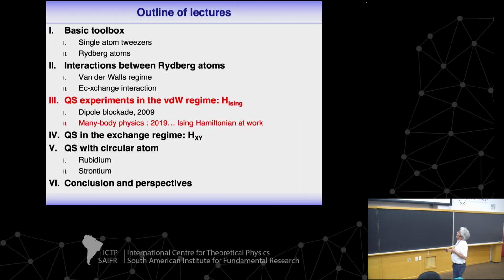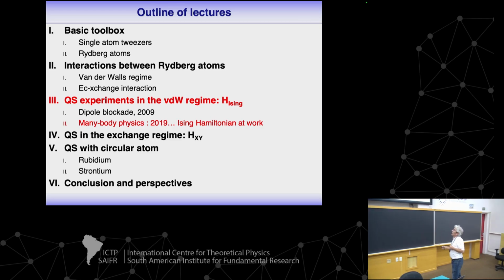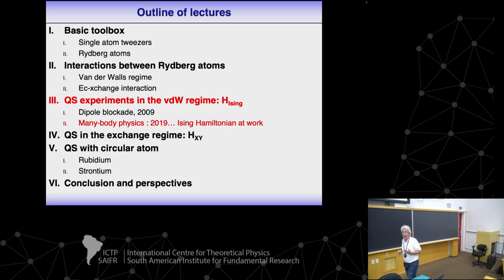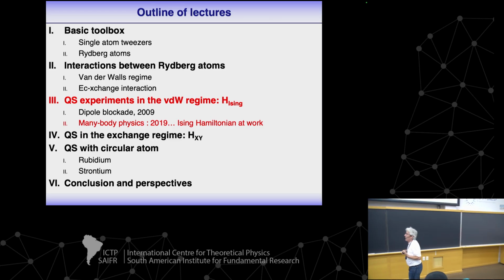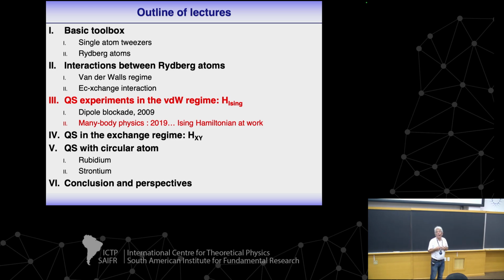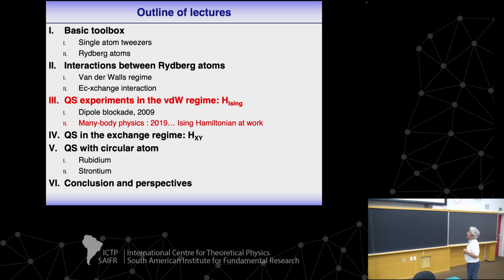And then let us go not to interaction of just pairs of atoms, but let us enter the field of the many-body physics that can be investigated by this system.